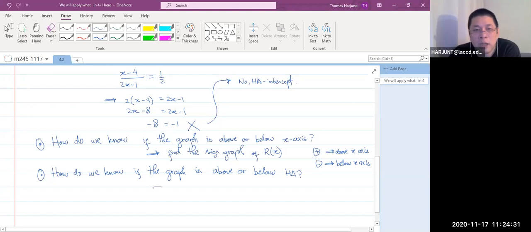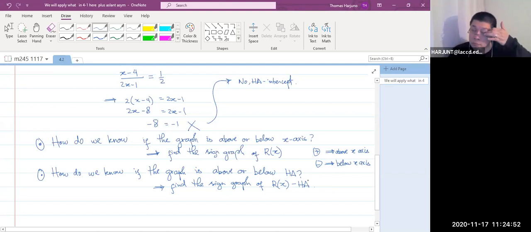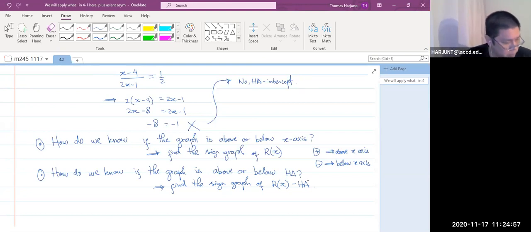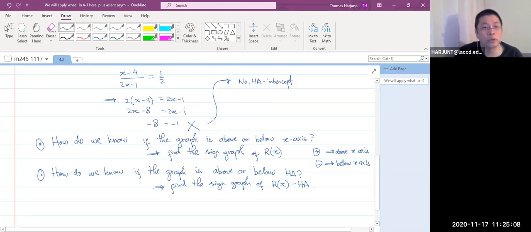For that, you will find the sine graph of R(x) minus the horizontal asymptote. Okay, but we will apply that to another question. I go on to 4.2 now.